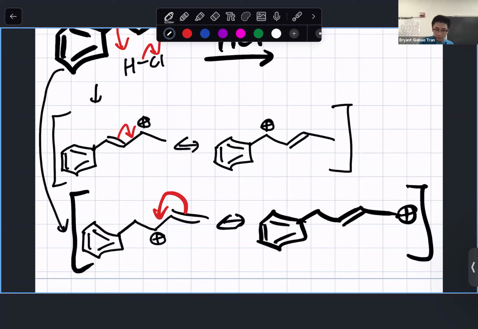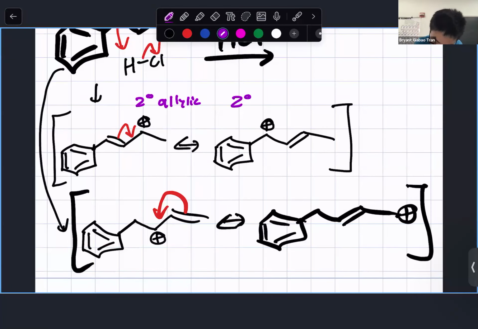Okay. Now, we have 2 sets here. We have to choose the set that gives us the most stable carbocation intermediate. So let's classify each one. This one is secondary allylic. This one here is secondary benzylic and allylic because it is right next to the benzene and the alkene.